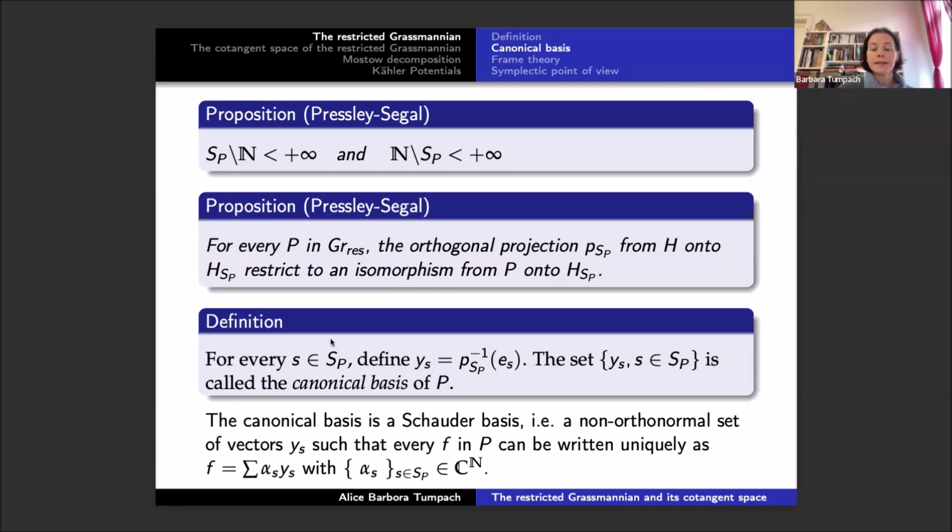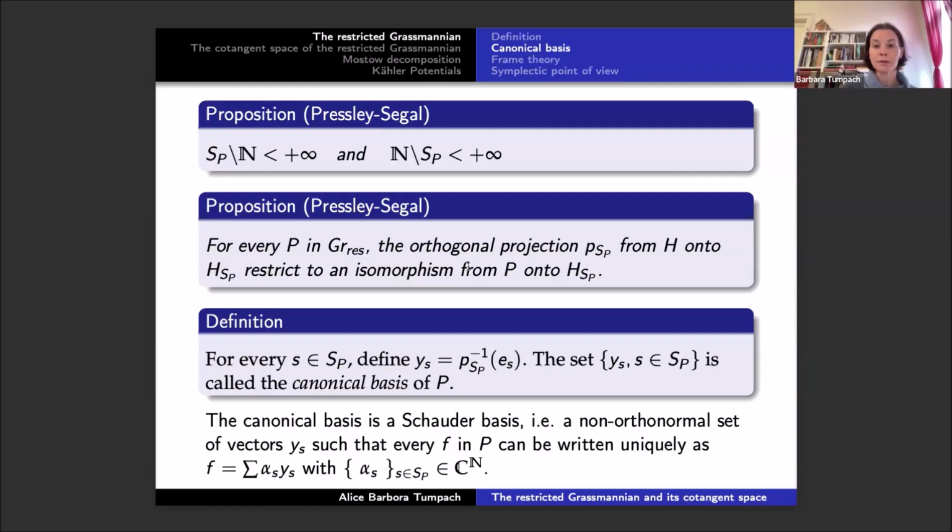And for any element of the canonical basis indexed by an S which belongs to SP, we can define this element YS from the space P as the inverse image of the element of the canonical basis indexed by S by the inverse of this orthogonal projection.